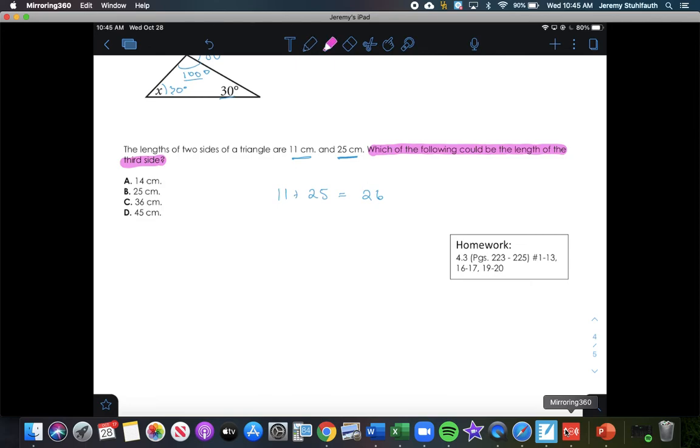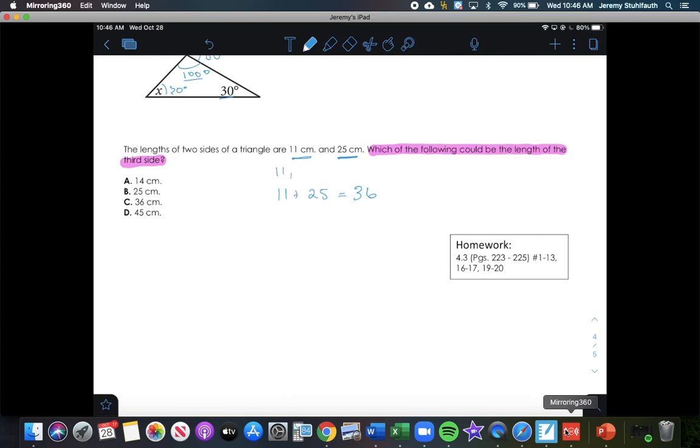So could the third side be 14? The answer to that is no. Let's take a look at that. If we had 14 here, we would have 11 plus 25, which is 36.